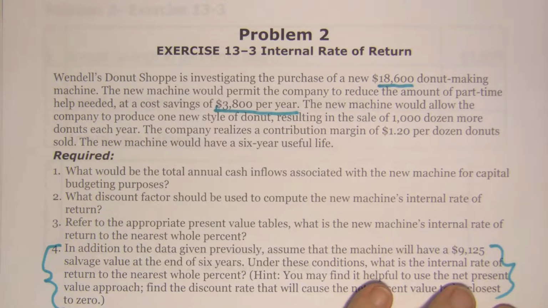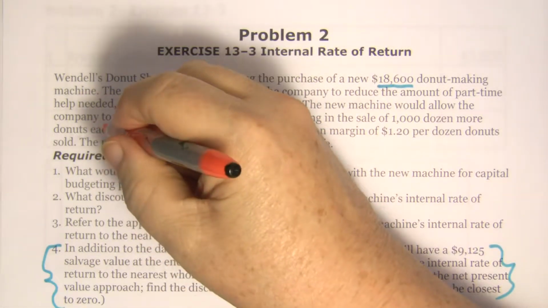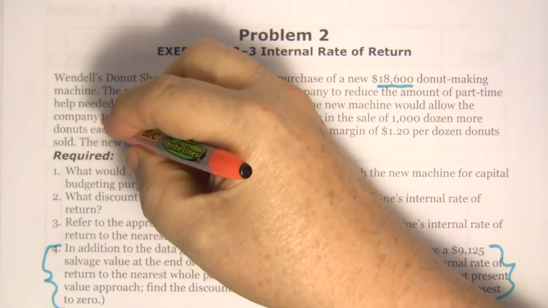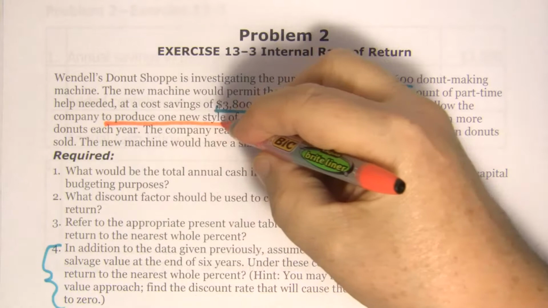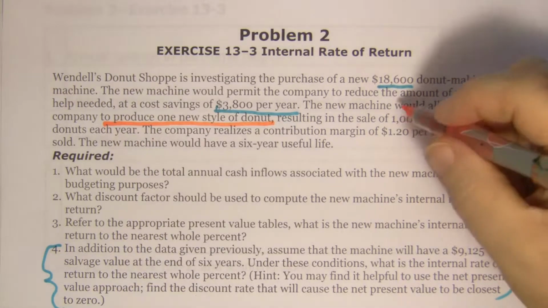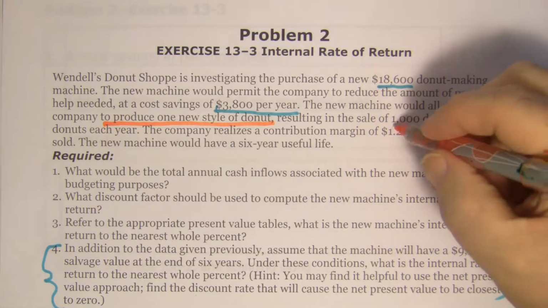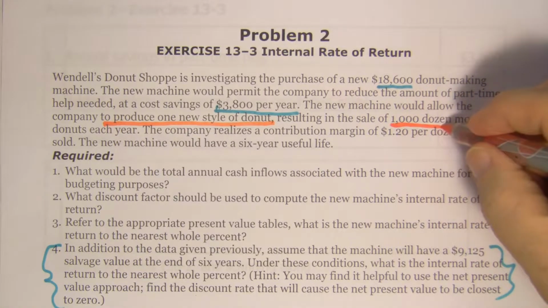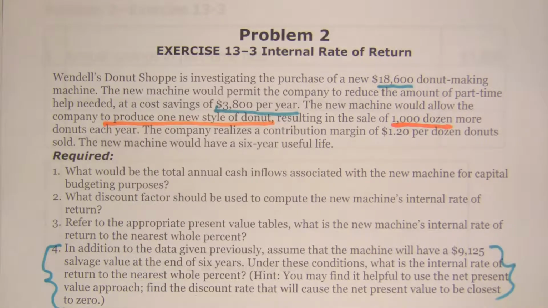Additionally, the new machine would allow the company to produce a new style of donut. I have no idea what that could be. It would result in the sale of 1,000 dozen more donuts.